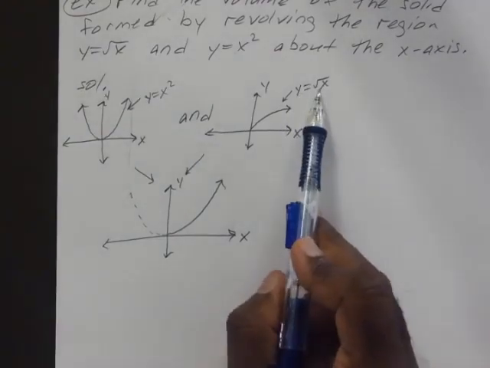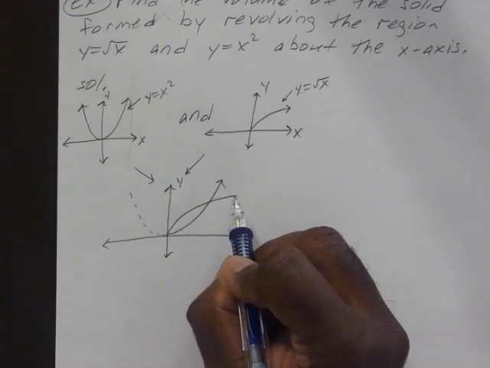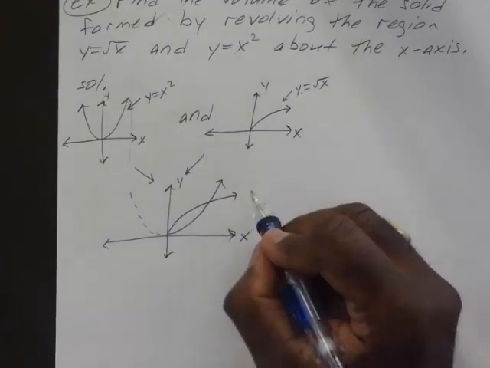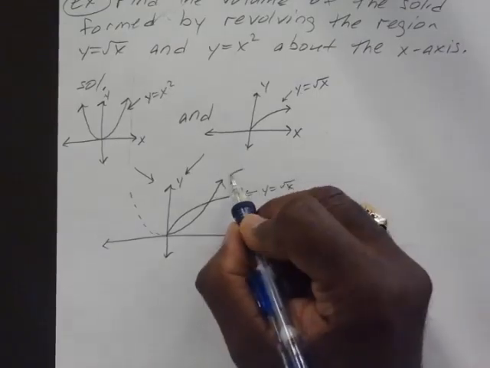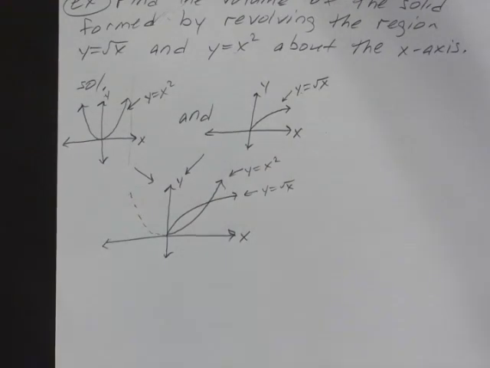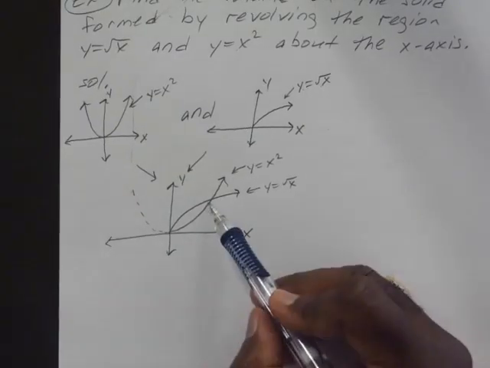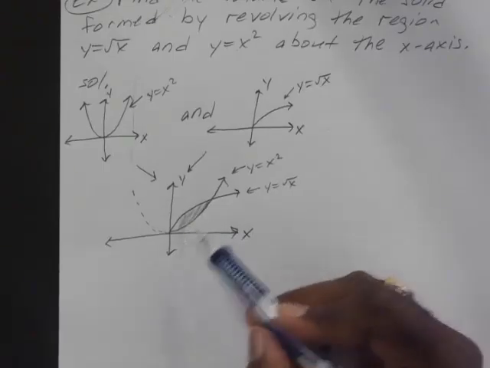If we take y equals square root of x, we know that we're looking at y equals square root of x right here. So we see our region is right there.